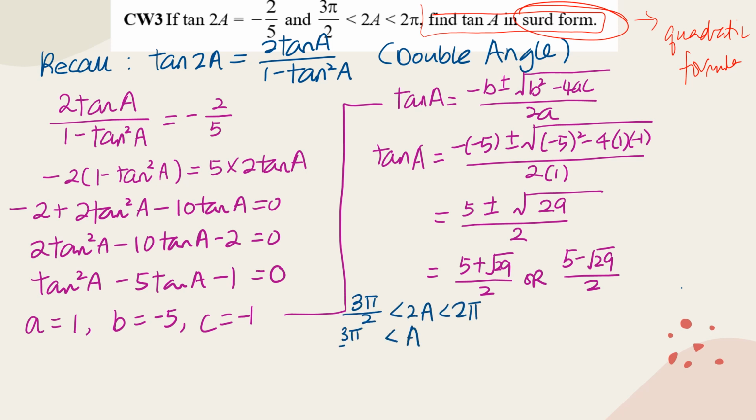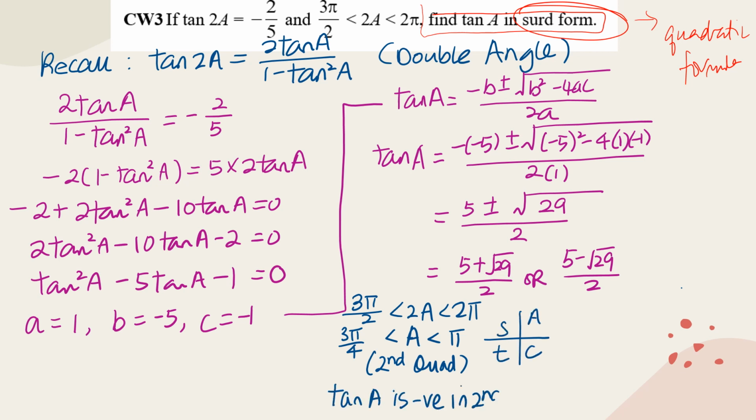So again, we need to decide which one is our answer. So angle A is in the second quadrant. All right, so tangent will be negative in the second quadrant, under your ASTC. So therefore you reject tangent A equals to (5 plus square root 29)/2.